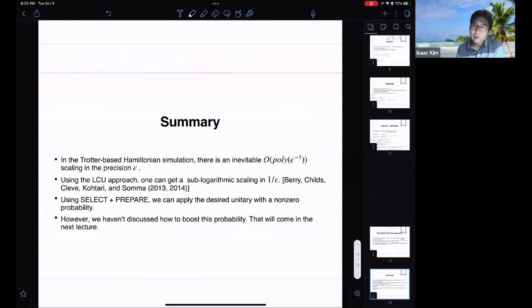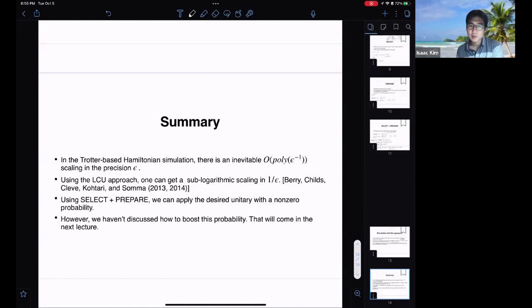So what I haven't told you so far is this. I've only talked about implementing this for a unit time. And that's because this process that I told you about, as it stands, doesn't always work deterministically. So there is a non-zero probability of failure, and we need to understand how to boost that probability to 1.